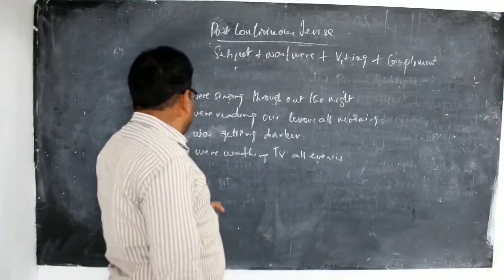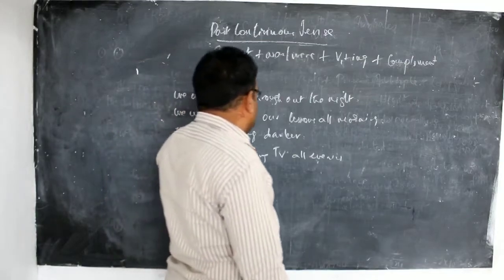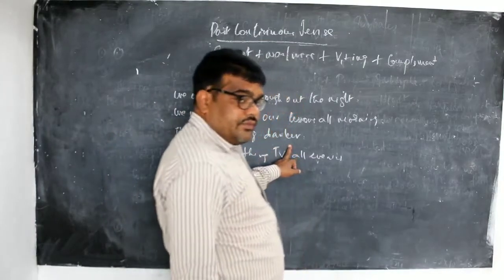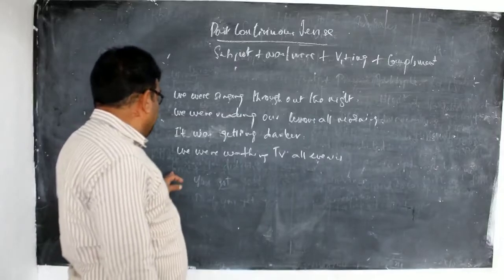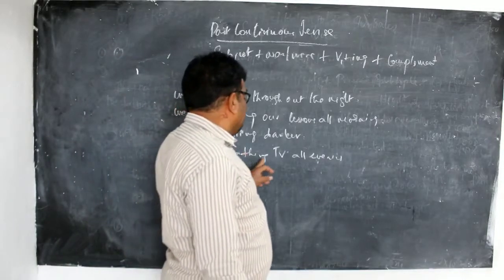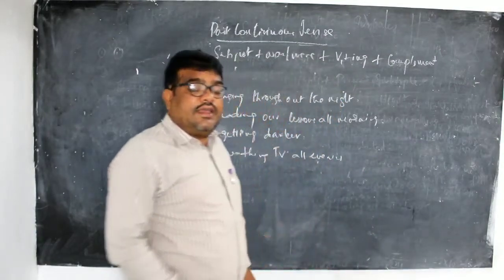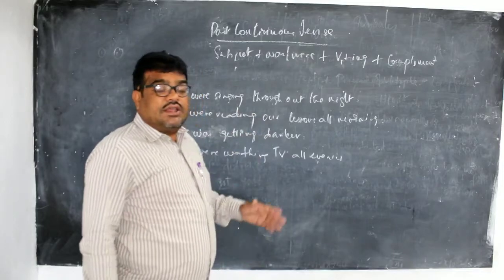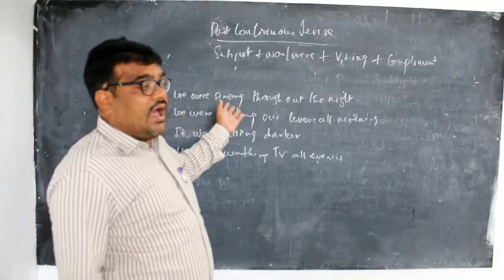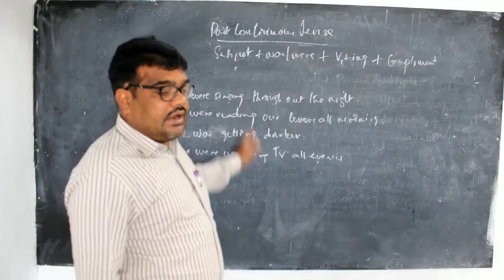Another example, it was getting darker. Another example, we were watching TV all evening. So when you see all these actions, they occurred in the past and had some duration in the past.